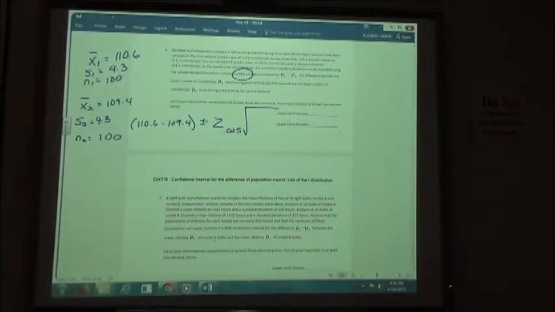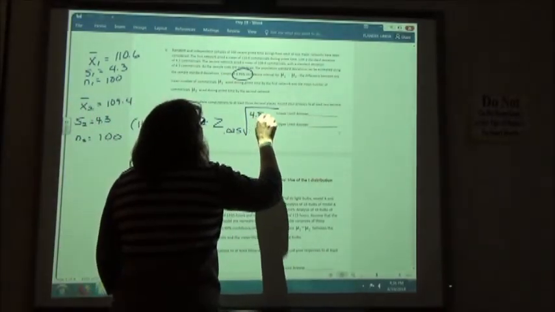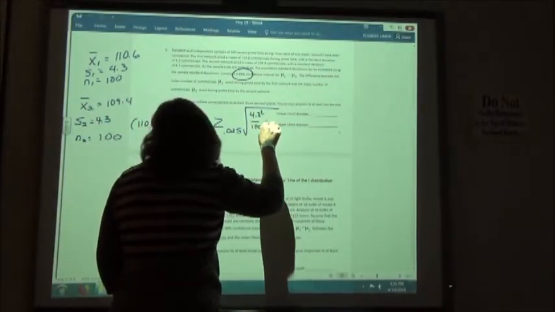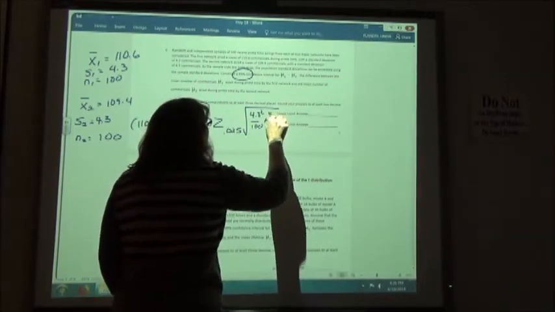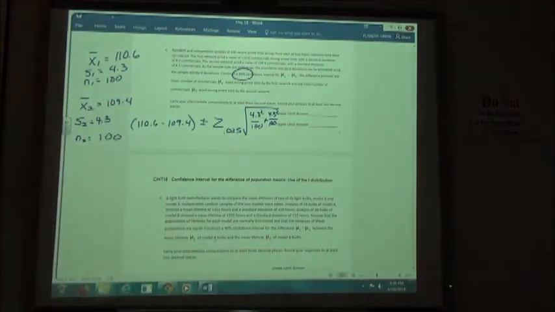They did 100 from each of the 2 major networks. So for both samples, they surveyed 100 people. So we are going to have 4.3 squared over 100 plus 4.3 squared over 100, since they used the same numbers for both of them. The standard deviations were the same, and the number of people surveyed was the same from one network to the other.